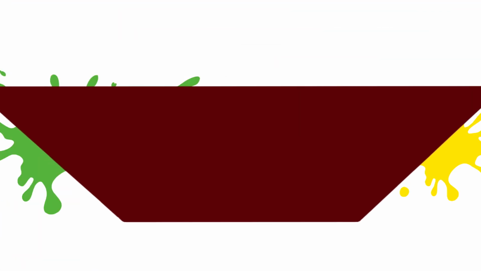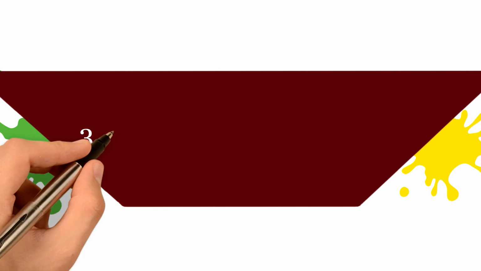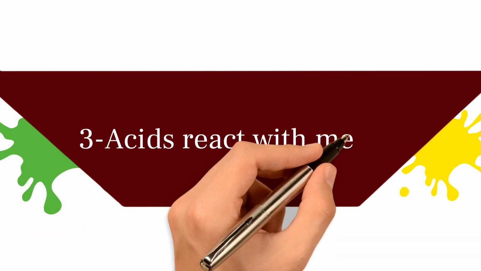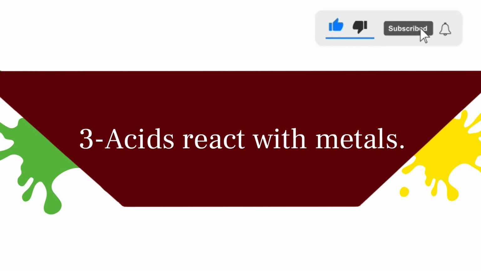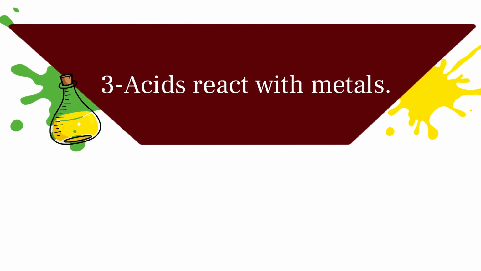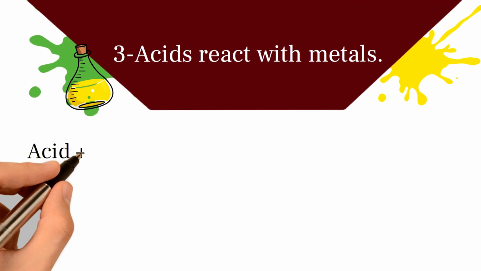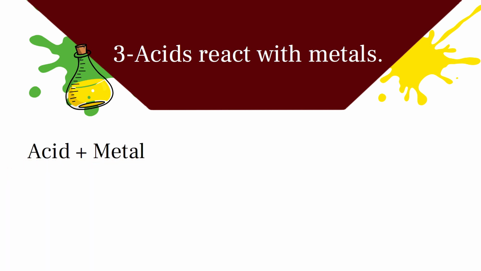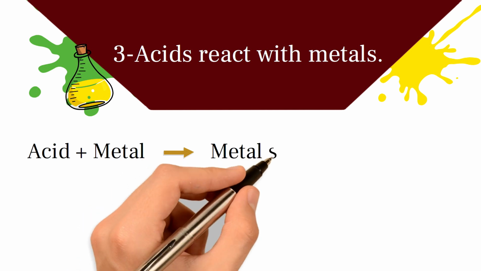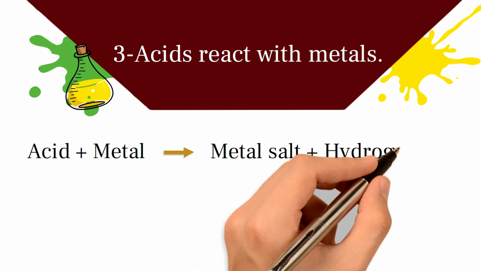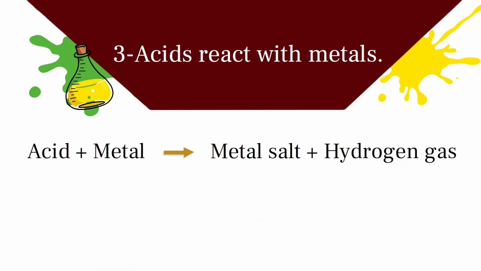The third property of acids is that acids react with metals. The acid reacts with the active metals, resulting in hydrogen gas and a metal salt. The active metal replaces the hydrogen contained in the acid.